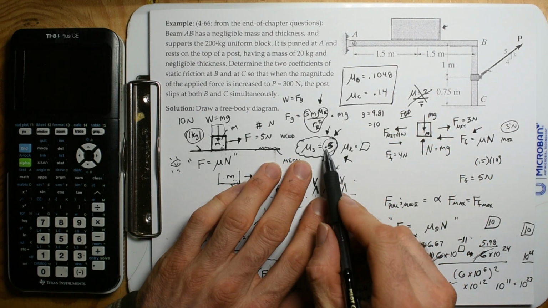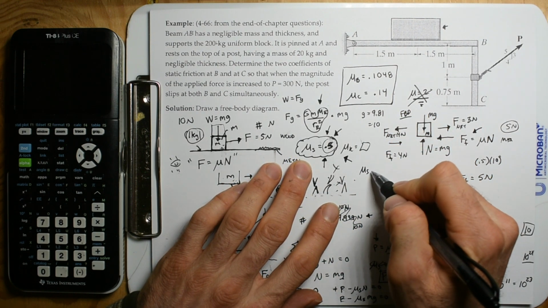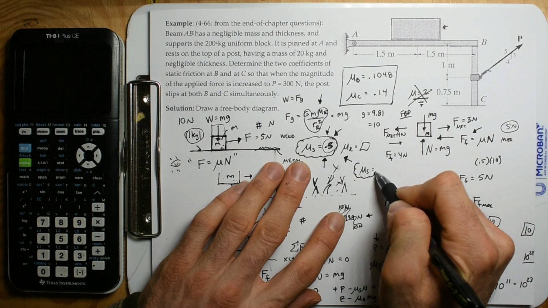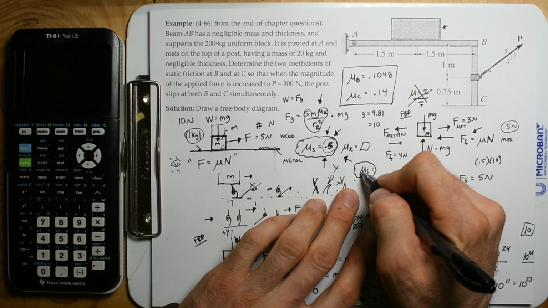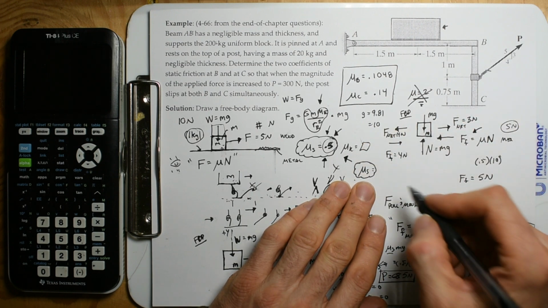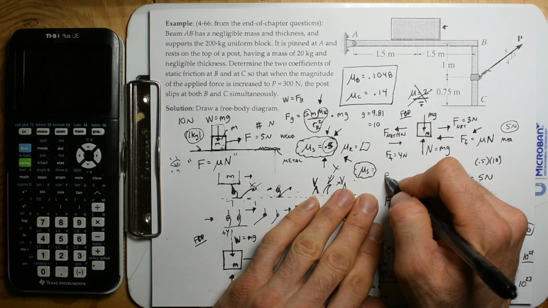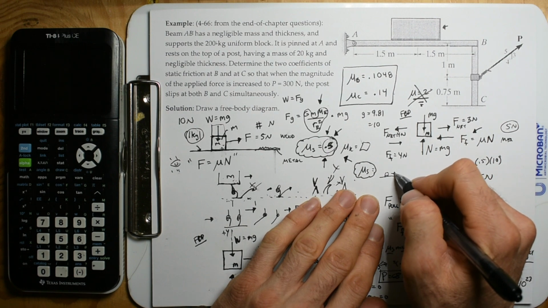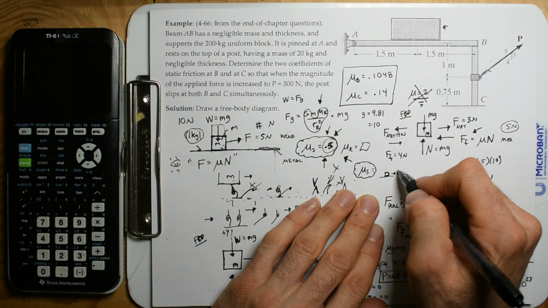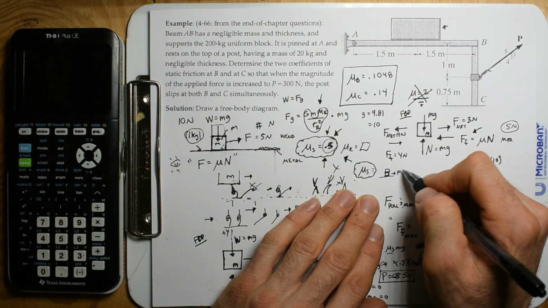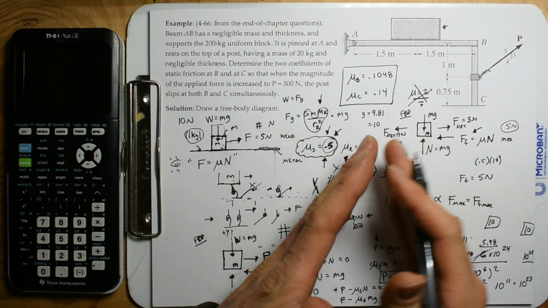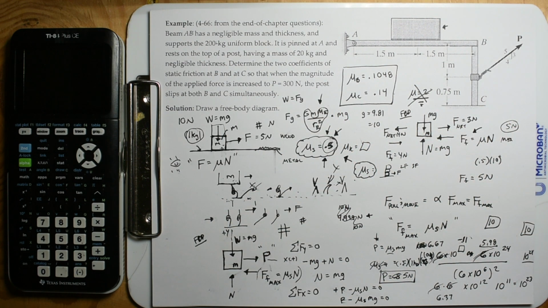Anytime someone marks a material and says this has a coefficient of static friction, don't quote me on that, but it's assuming that that thing is going to be linear. So if I apply almost no weight, it's going to take almost no force to get that to move. If I apply some weight, it's going to take that force; double the weight, 2 times that force; triple the weight, 3 times that force. So we have a linear relationship there.